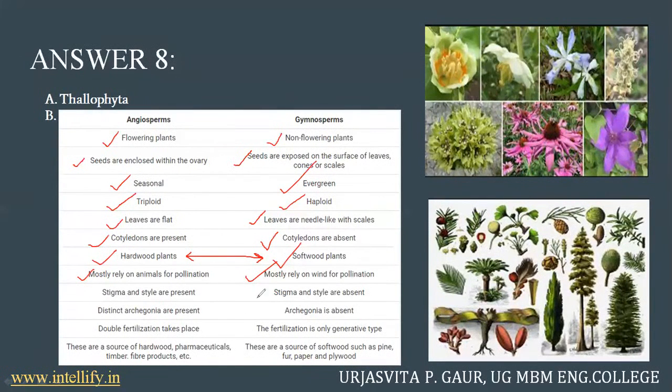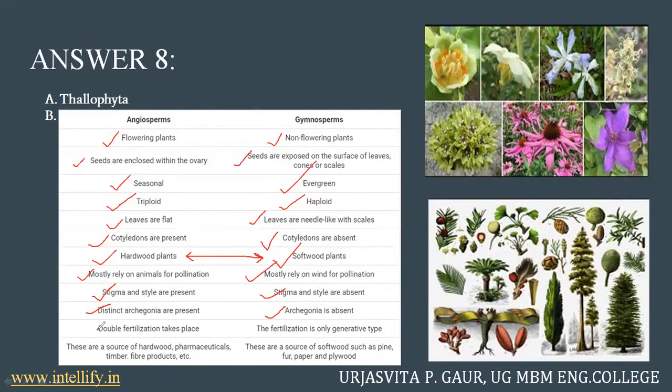That is the further reproduction and the further growth of these plants at different places. And when you talk about the structure of the flowers, you have a stigma and a style present in the angiosperm, whereas stigma and style are absent in gymnosperms. Then you have a discrete archegonia, which is absent in angiosperms, whereas archegonia is present in gymnosperms.